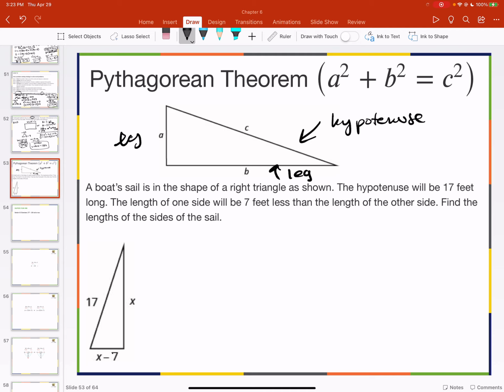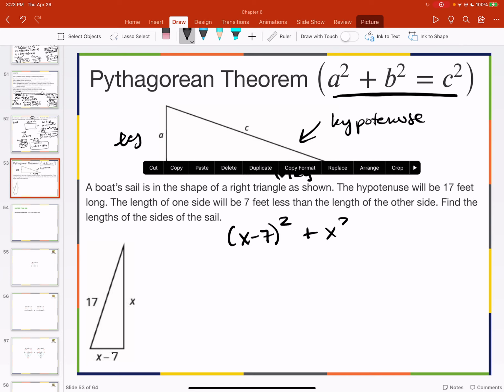We have a, b, c. We just plug it into the Pythagorean theorem. So we have (x minus 7) quantity squared plus x squared is equal to 17 squared. If we multiply this out, we get x squared minus 14x plus 49 plus x squared, that's equal to 17 squared, which is 289.